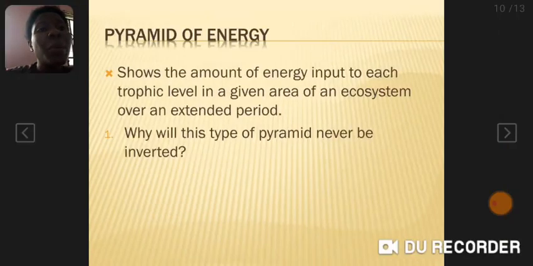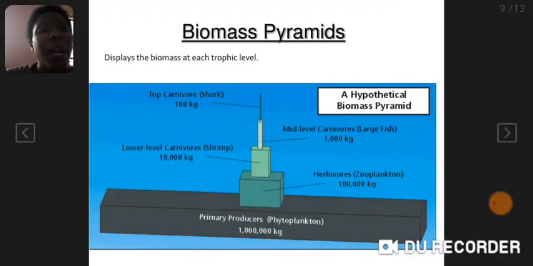And the same thing even happens for the pyramid of what? Biomass. Biomass is the mass contained in living organisms or living cells. So you discover that the mass too, or the quantity of matter contained in organisms occupying the successive trophic levels, is also decreasing.